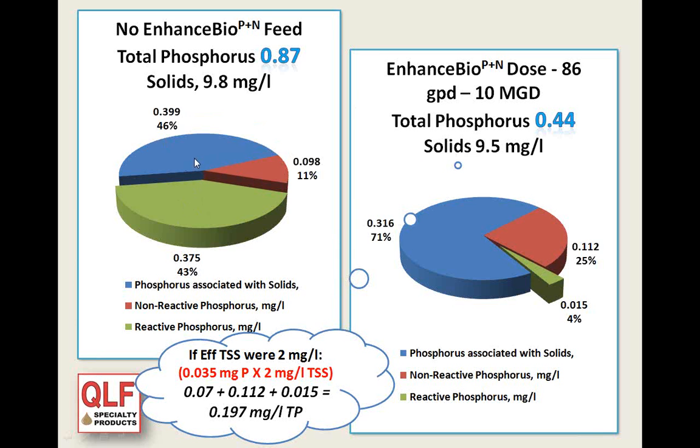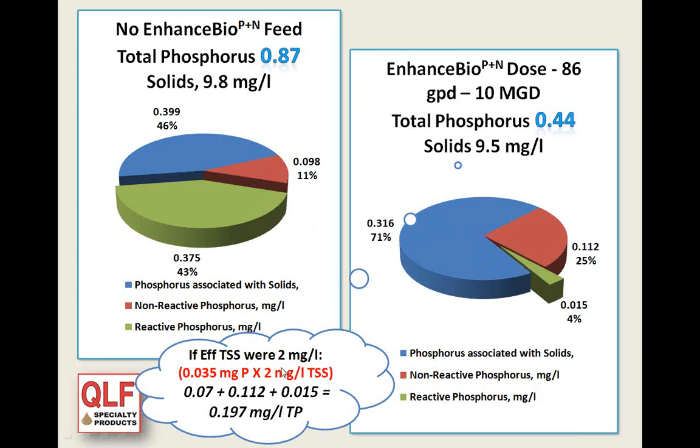The blue is the phosphorus associated with the solids. The green is the ortho, or the reactive or dissolved reactive phosphorus, and the red is non-reactive. You can see what happened is we really took the ortho level down to a minimum.